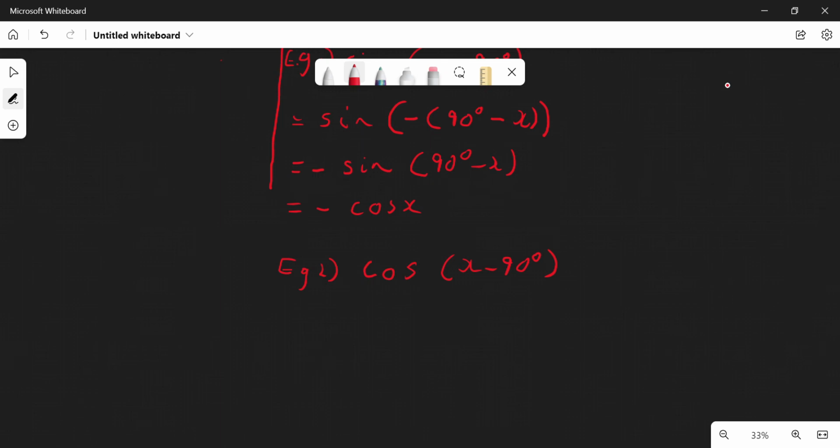What's going on here? True to form, let's try and remove a negative, so we'll have 90 minus x. And here's where cos differs from sine. This negative does not change the cos. We'll have cos of 90 degrees minus x, and that is sine x.